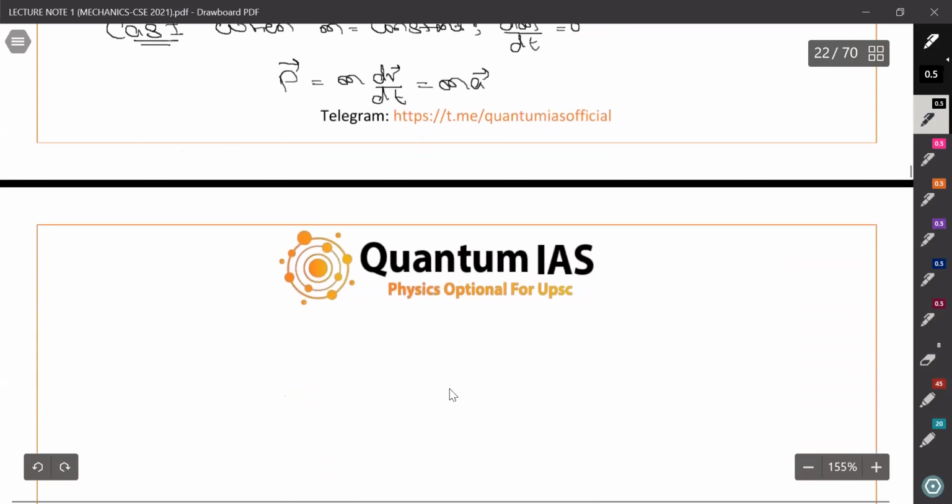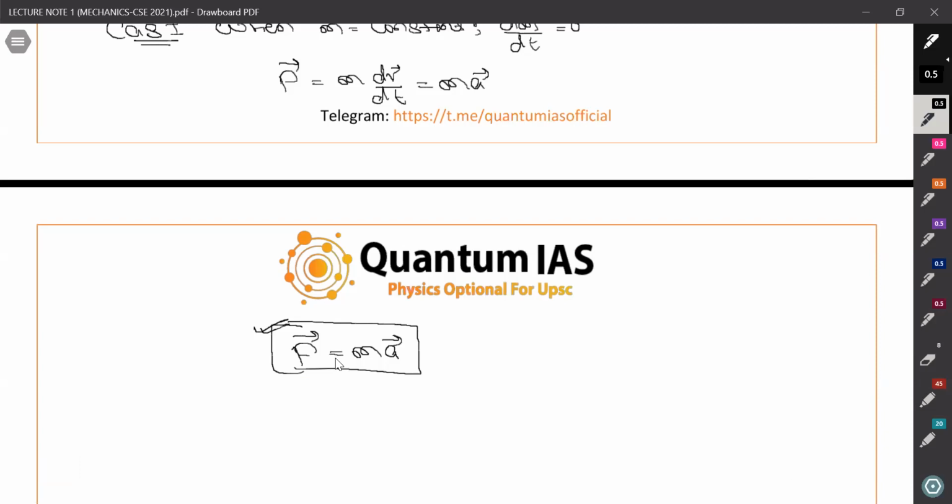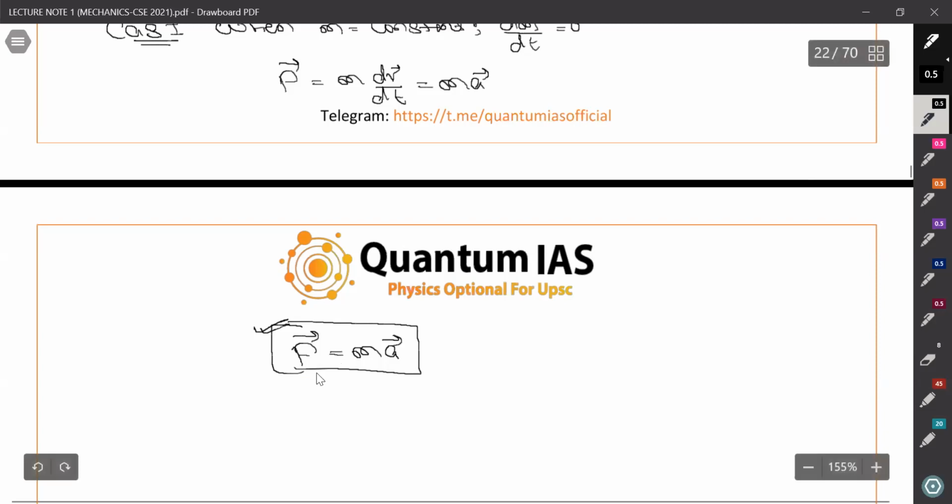So for a constant mass system, we can write that F equals ma. But you should be careful in writing F equals ma. This is not the exact second law. This is the second law of motion for a constant mass system only. So you need to say these things, right?